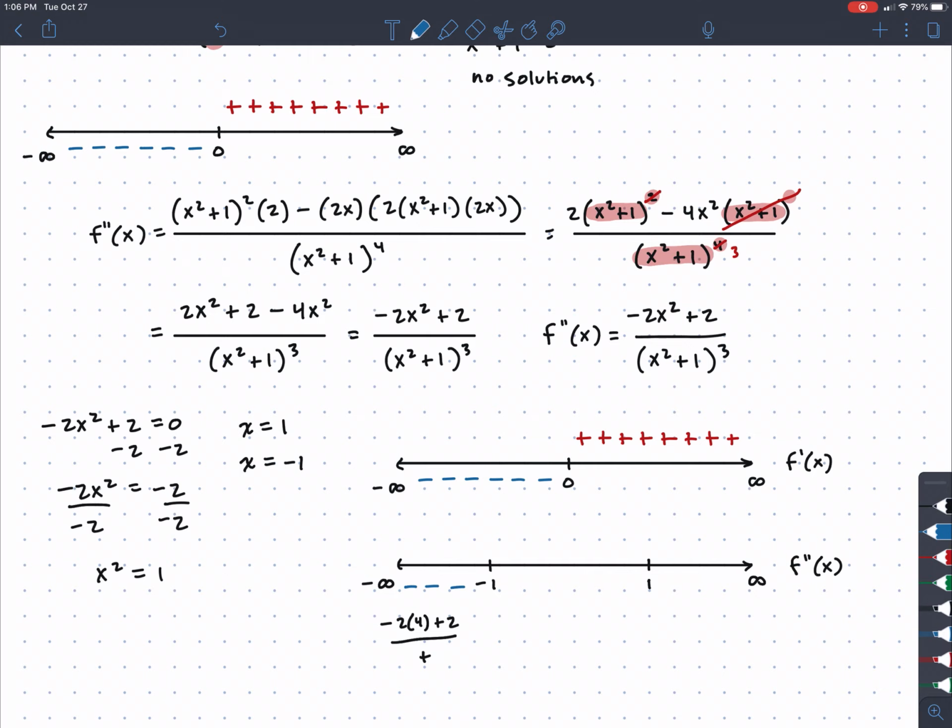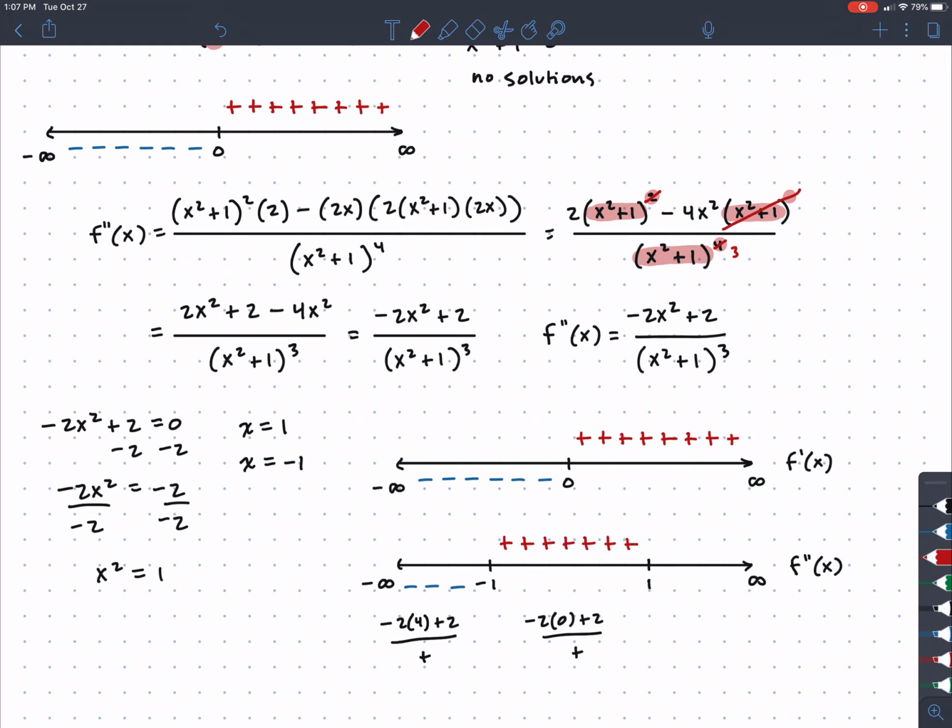If I plug in something in between negative 1 and 1, like 0, I'm going to get negative 2 times 0 plus 2 over a positive number. And this is going to be a positive over a positive.